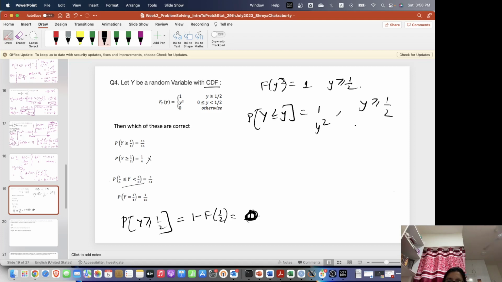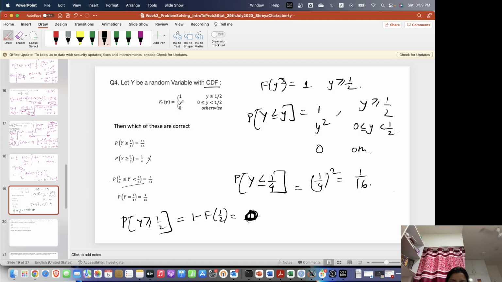It equals y square when 0 is less than or equal to y less than half, and 0 otherwise. So probability y less than or equal to 1/4 will be 1/4 whole square. It is 1 by 16.